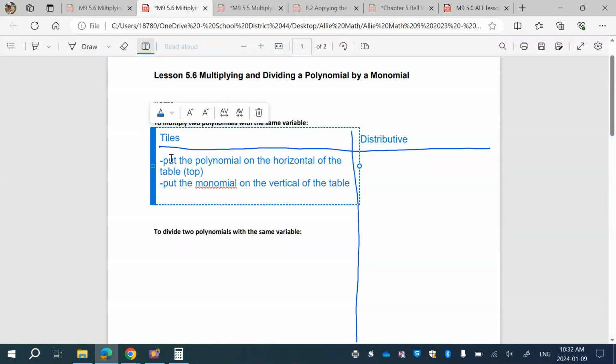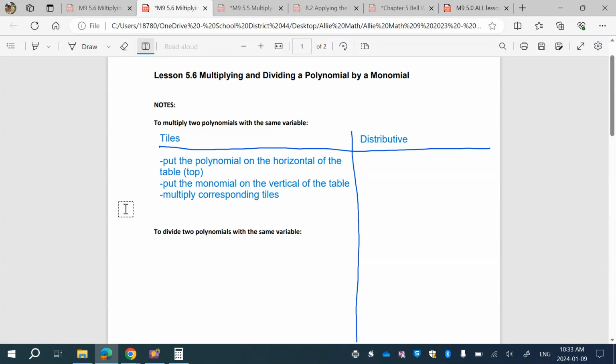I guess this program doesn't believe that monomial is a word. I promise you it is. And finally, multiply corresponding tiles. I'll draw for you what multiplying corresponding tiles would look like.